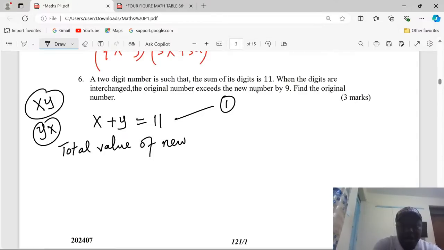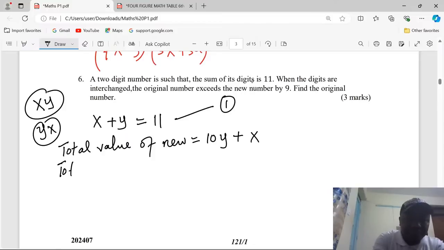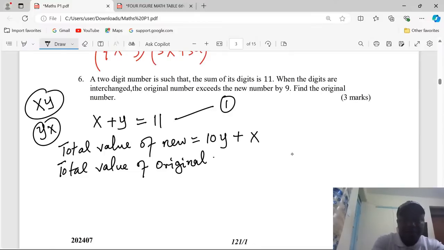It's going to be 10y plus x, because y is in the tens and x has gone to ones. Again, we can talk of the total value of the original number. Because it is xy, it's 10x plus y.